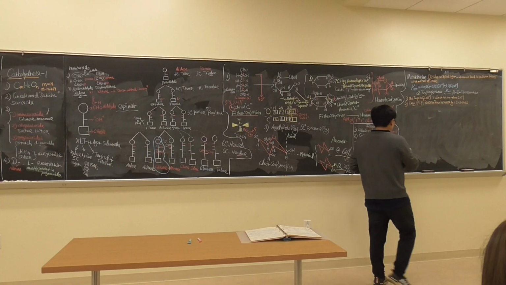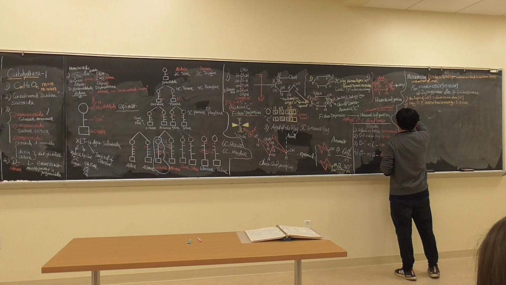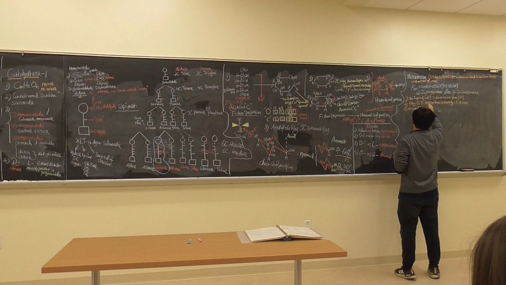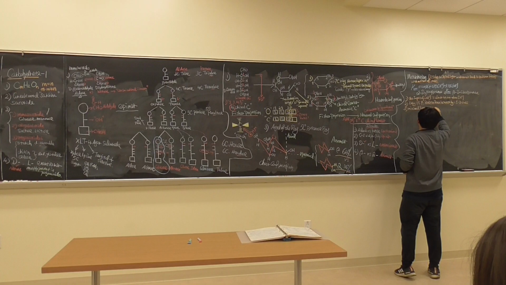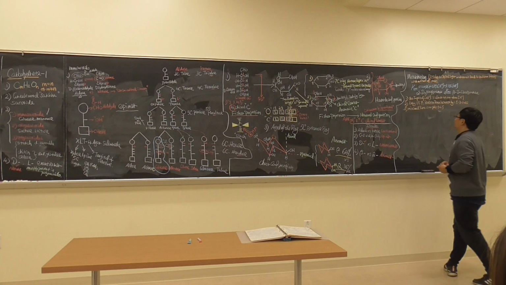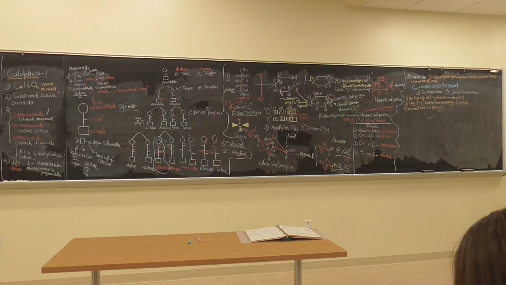The last one: the minimal rate is at pH 2.5 to 6.5. So usually, if you keep the glucose concentration in a slightly acidic environment, the rate is very minimal.